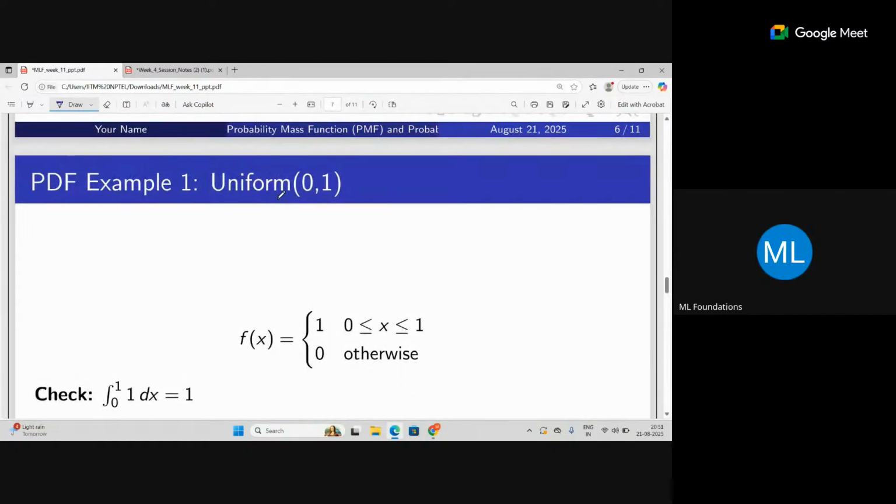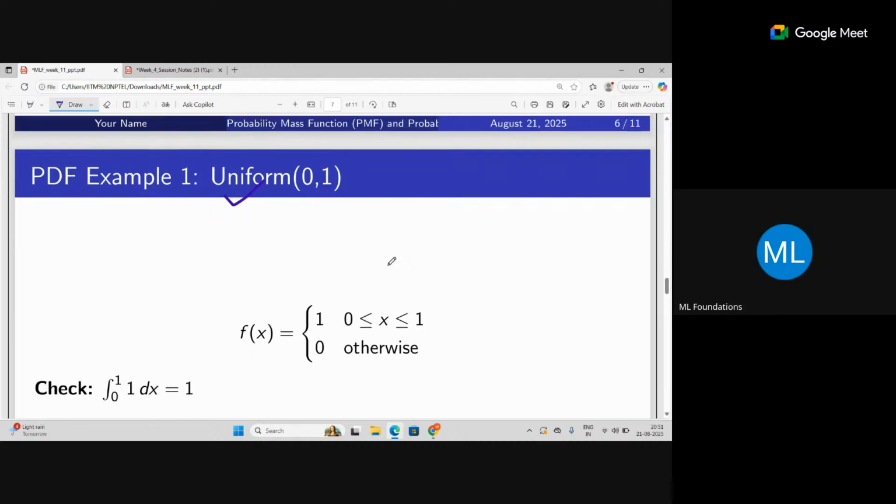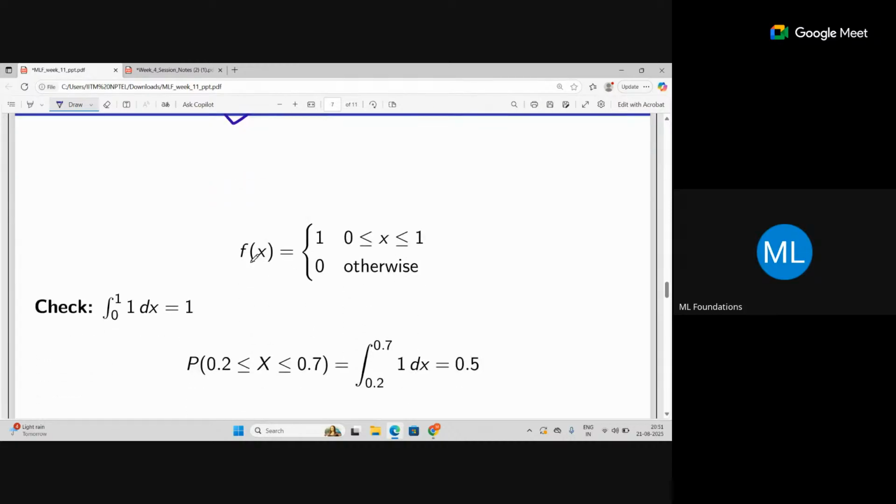This is one of the simplest examples of a probability density function, which is the uniform distribution. There are two uniform distributions. One is discrete uniform, another is continuous uniform.